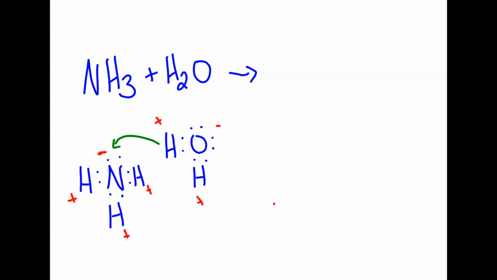So what do we end up getting when the hydrogen goes to that ammonia? What we end up with is an ion called NH4+. It still has a plus charge because the hydrogen brings its proton. Remember, this is a proton, but it doesn't bring any electrons, so it still ends up with a positive charge.